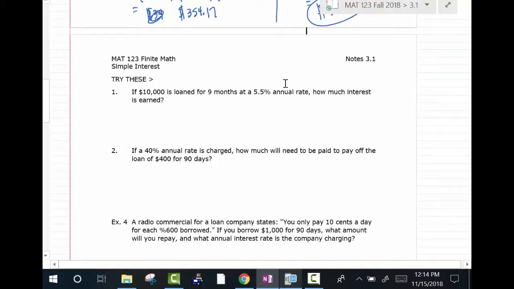Main thing I want to check you on is the 9 months and 90 days, and that's removing your decimal back correctly. Those are the two most commonly missed parts of those problems. Okay, that's good. Go to your calculator, should be okay.